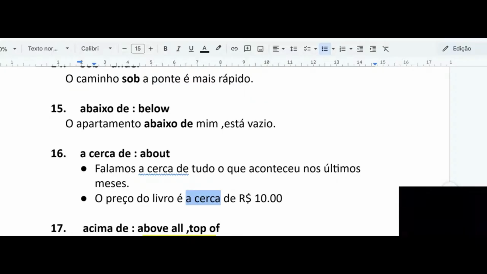It does not make sense. Sobre is like an idea, thoughts of something. So as I said earlier, sobre is for ideas, acerca for figures.